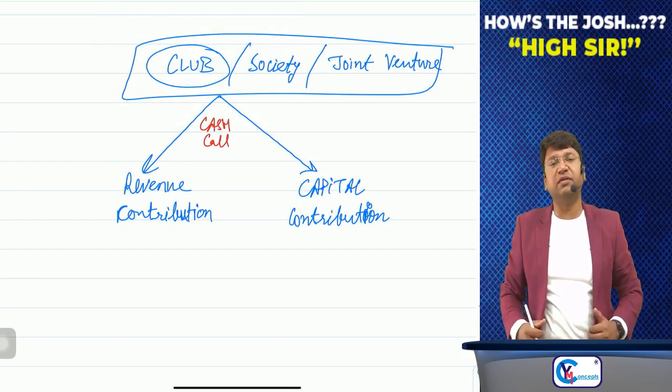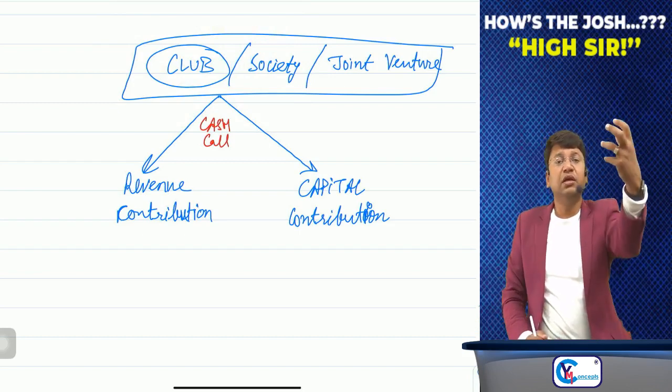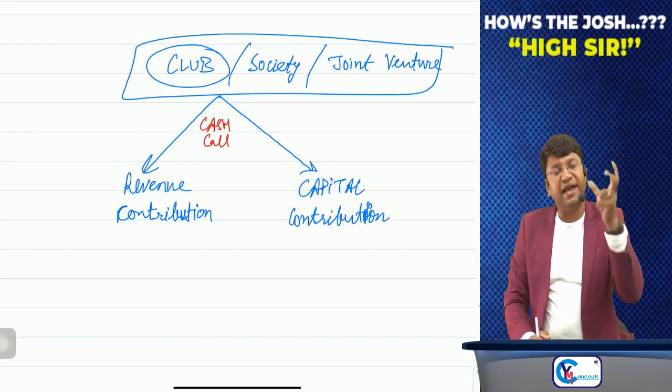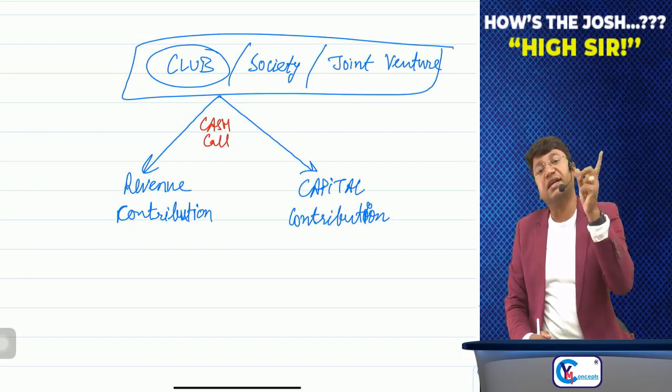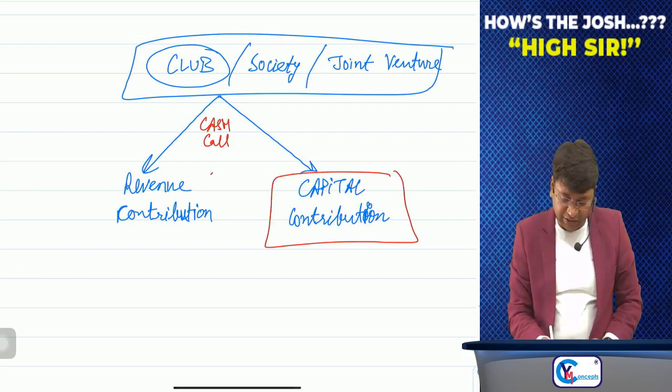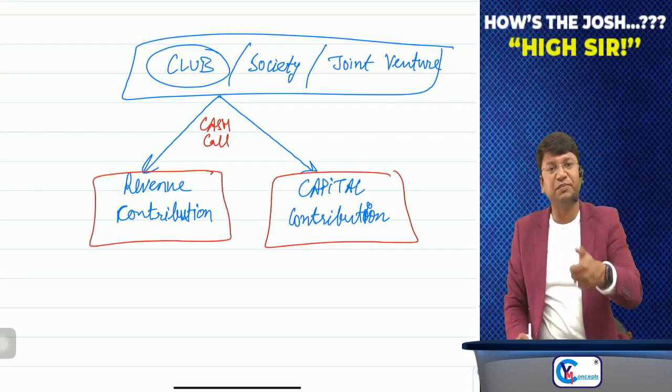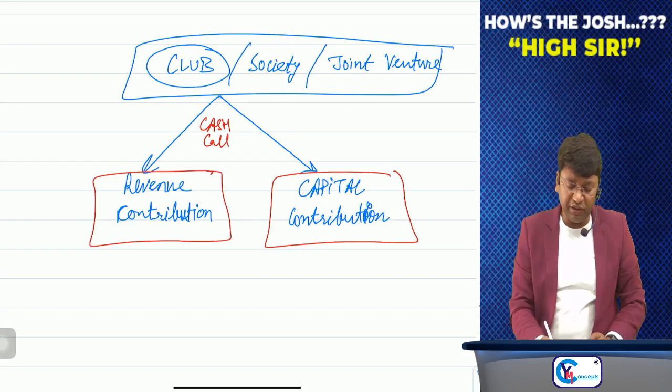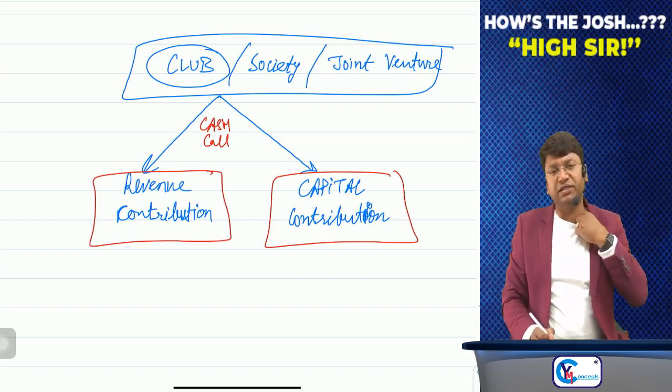This is called cash call. Whenever money is asked from the members to pay to the club, it is called cash call. Cash calls are of two natures, revenue in nature and capital contribution. Capital contributions are a kind of investment, and revenue nature are in the nature of expenditure. These are the contributions to meet the routine expenditure of the club, AOP, etc.